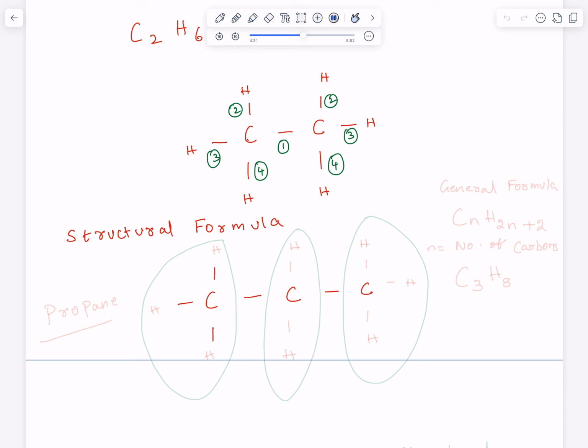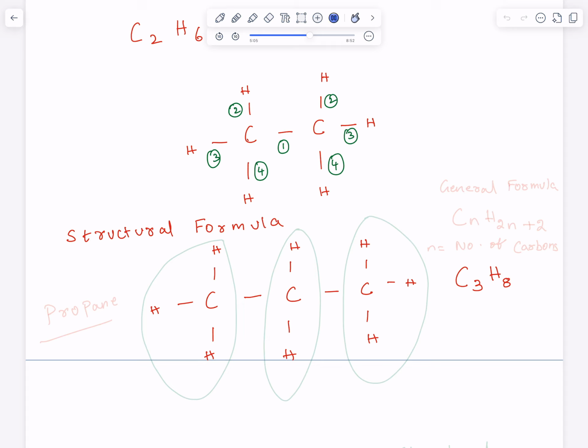Now I am building up my hydrogens and making sure I'm drawing all of them. Once I am done, I am going to write my molecular formula. 3 carbons in propane, that is C3H8. Remember, in alkanes, you will always have twice the number of carbons plus 2 hydrogens in the molecular formula.